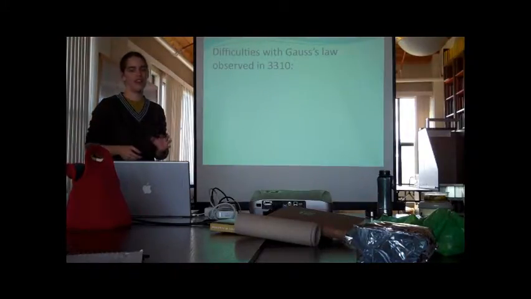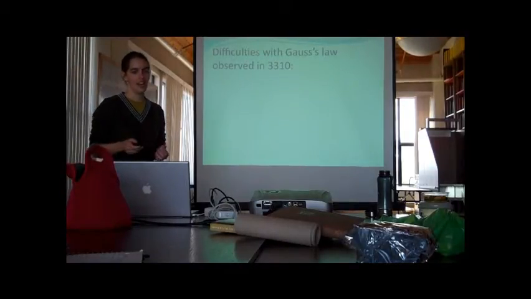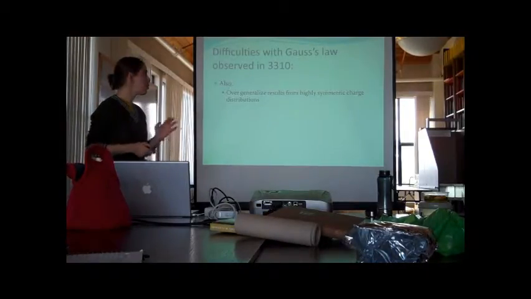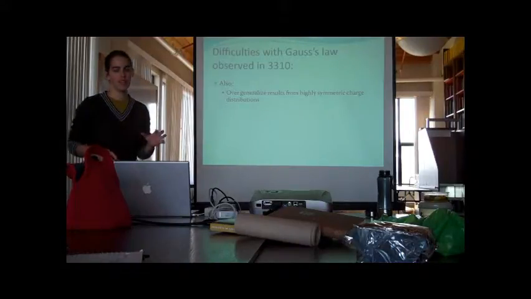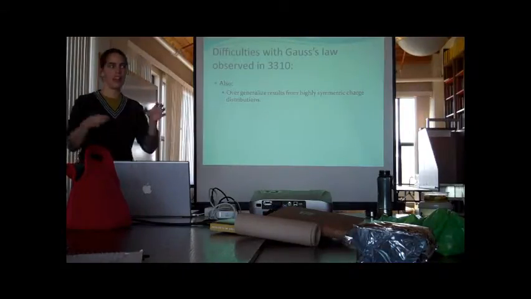Here are some of the difficulties in Gauss's law that I observed in 3310. Again, students were overgeneralizing the results from highly symmetric charge distributions and applying Gauss's law all the time.